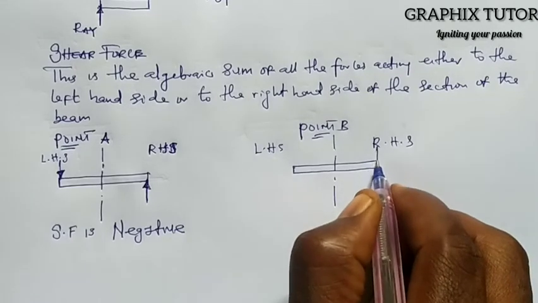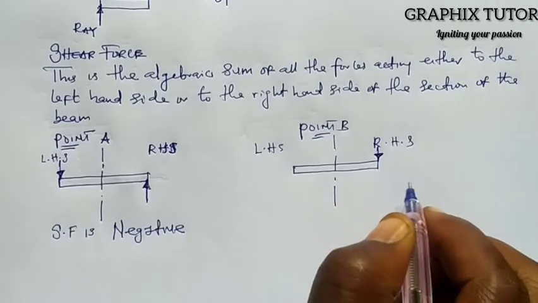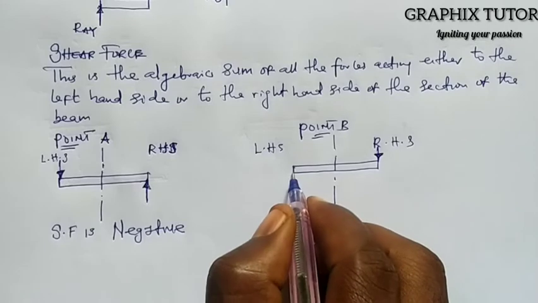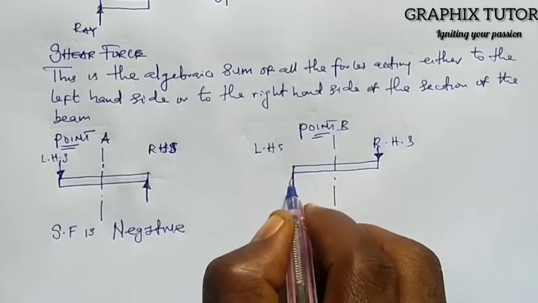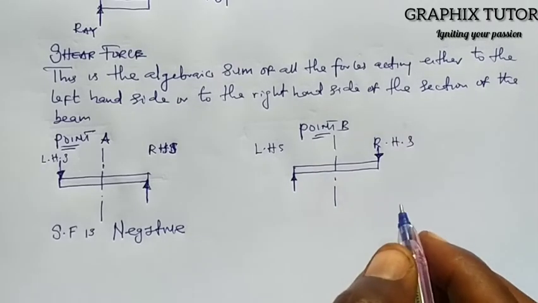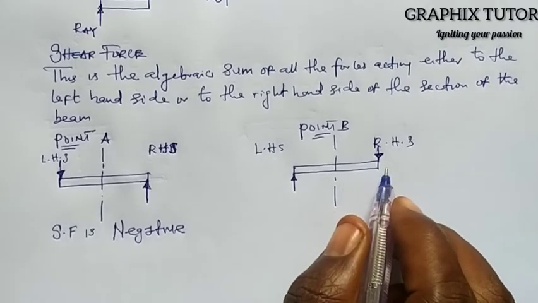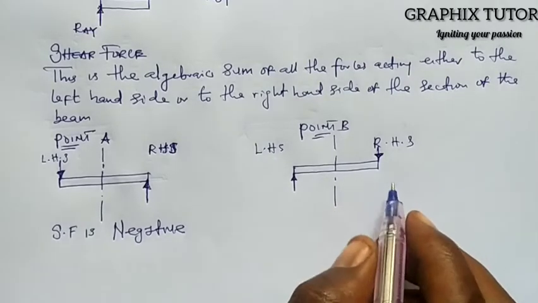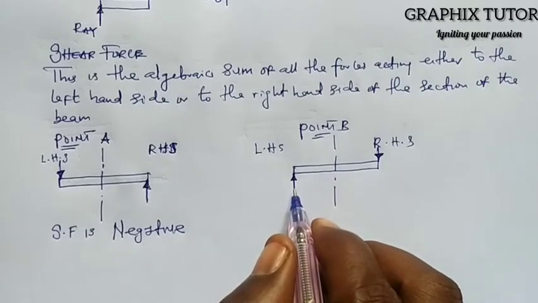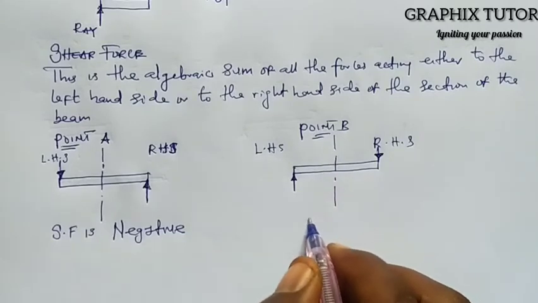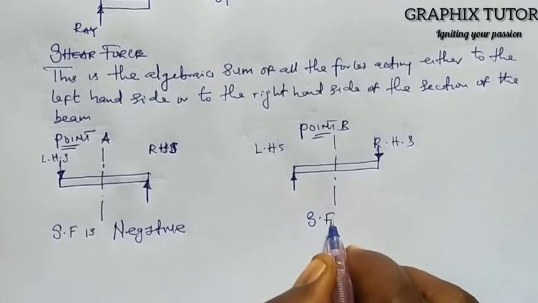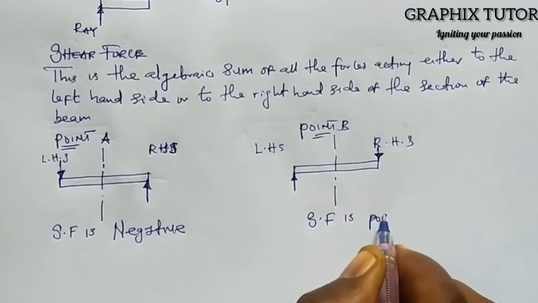If the force is facing down at the right hand side or the force is facing up at the left hand side, we say that the shear force is positive.